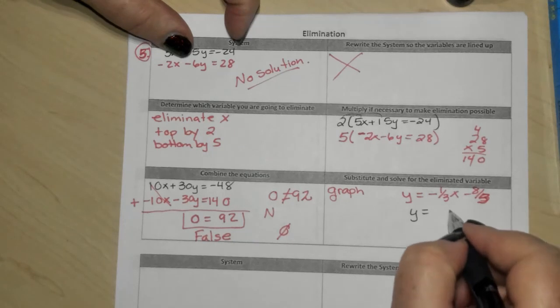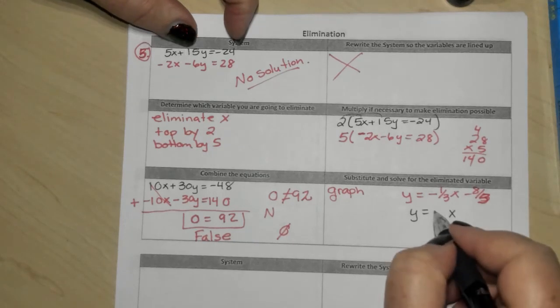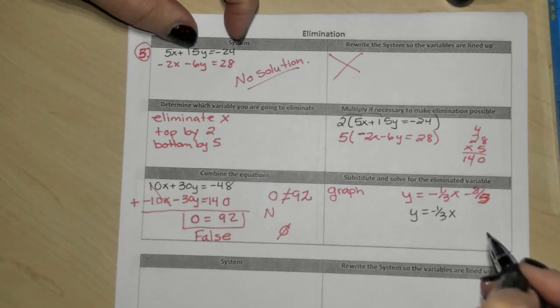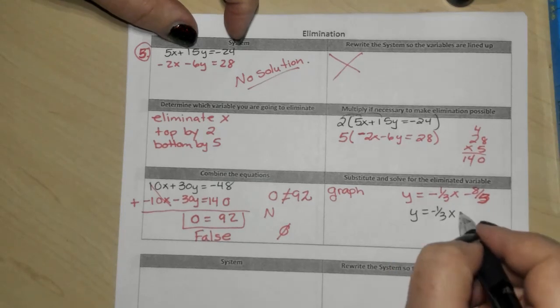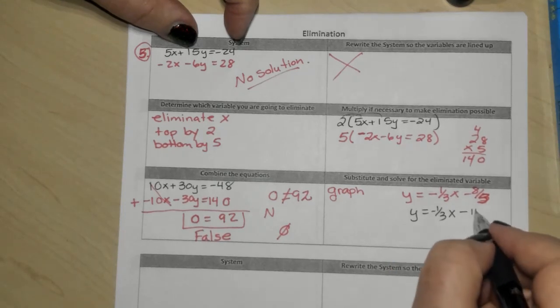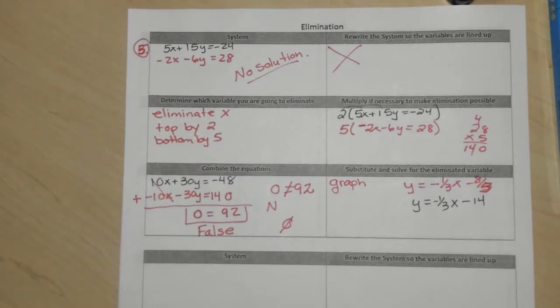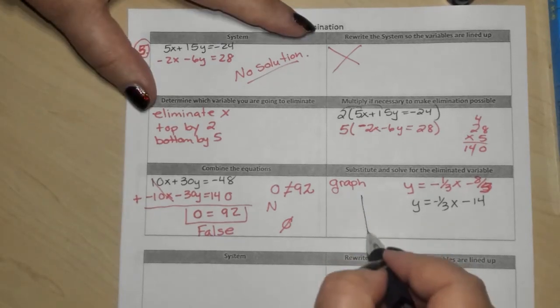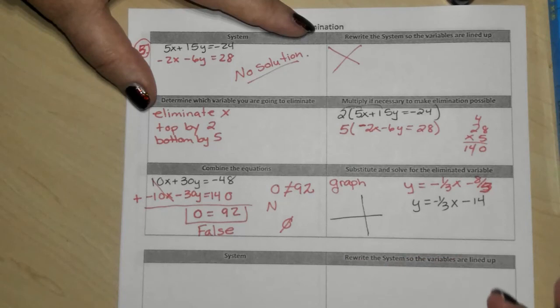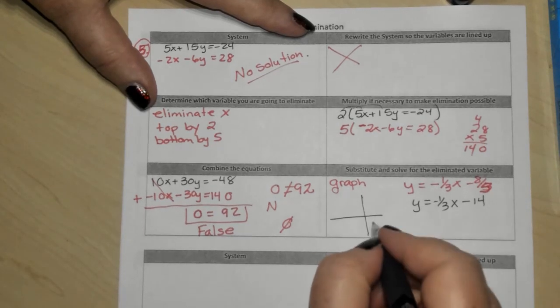You're going to have x, and that's going to be negative 1 over 3, and that's going to be minus 14. Both of these have a slope of negative 1/3. When you graph these in Desmos, you're going to have two lines. This one's going to cross at negative 8 over 5, which is there.